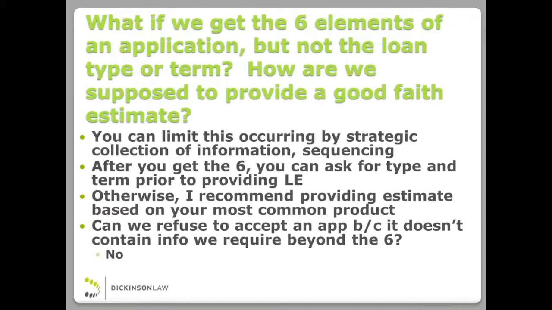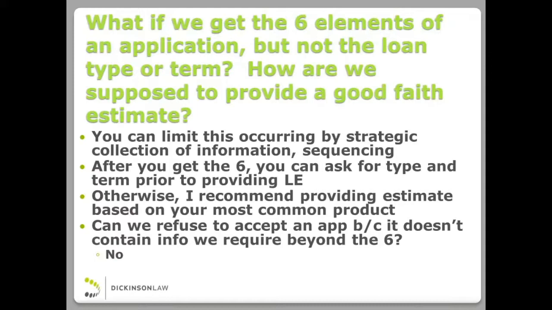So what you can do is limit this occurring by sequencing how you collect the information. You can try to collect that loan type and term information earlier on in the sequence so that you have it by the time that you get the magic 6 elements.